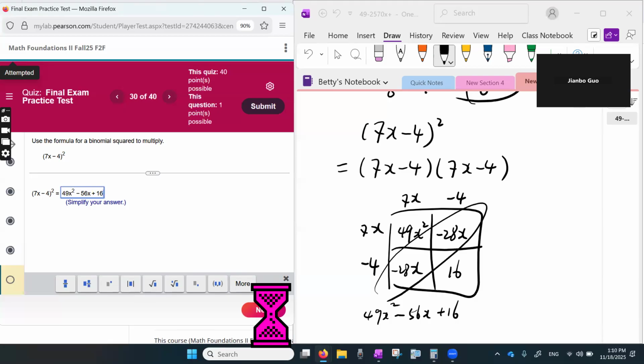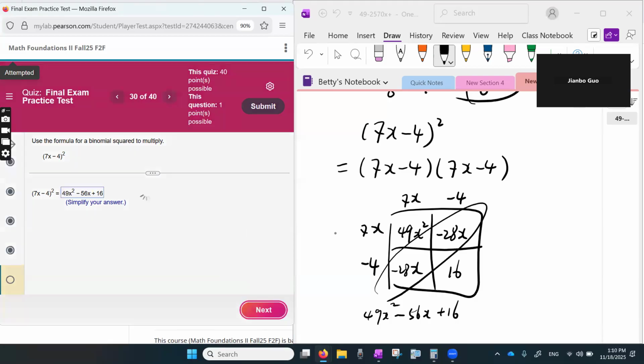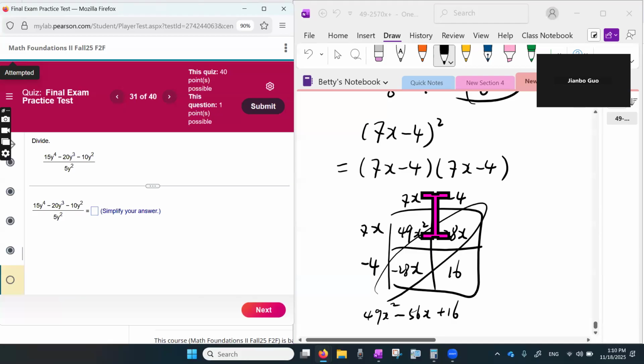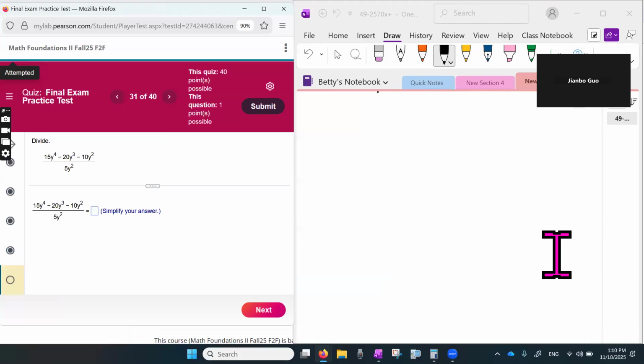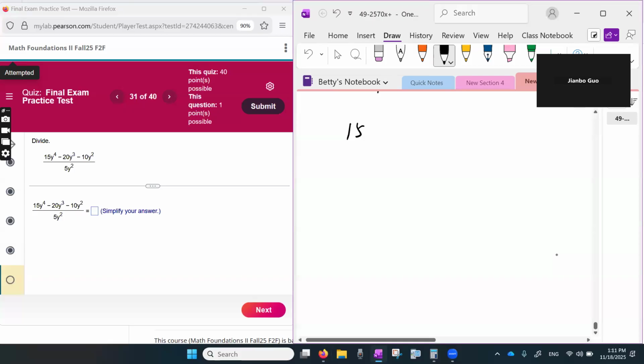All right, next, 31. Divide a trinomial by a monomial: 15y to the first power minus 20y cubed minus 10y squared. Divide that by a monomial, 5y squared.